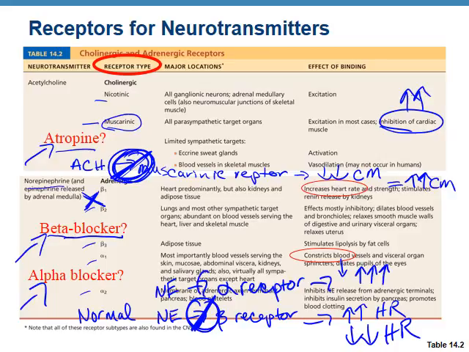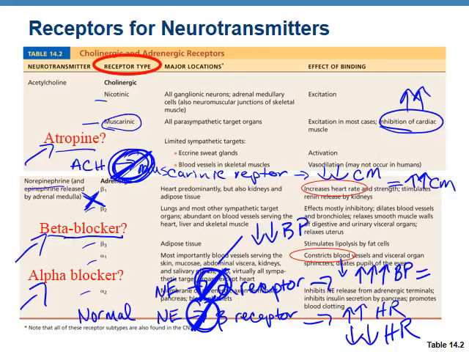So if I were to block this norepinephrine and alpha receptor pathway, what would happen to my blood pressure? So this would be increased blood pressure. If I turn off this pathway, what's going to happen to my blood pressure? It's going to go down. So if somebody has hypertension, we could give them an alpha blocker. Hopefully that made a little bit of sense to you.